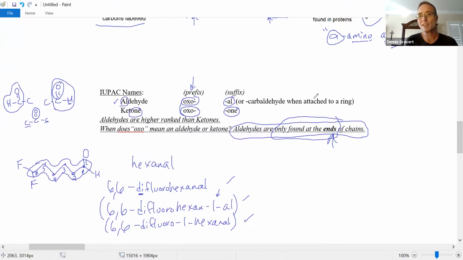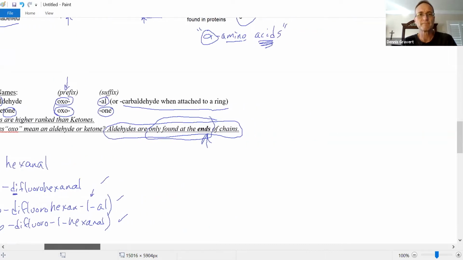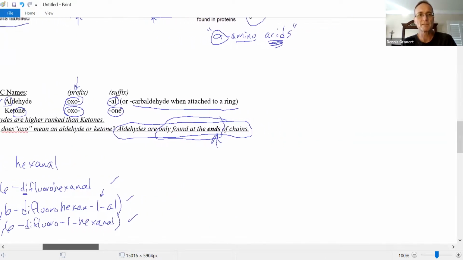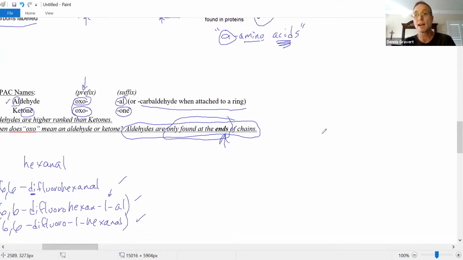Some of you were reading your key concepts and said, hey, Dennis, don't forget this little note here. What's that all about? It's a way of simplifying names. So let's scroll over a little bit. What happens if you have an aldehyde attached to a ring? Well, what if you wanted to create an aldehyde in a ring?